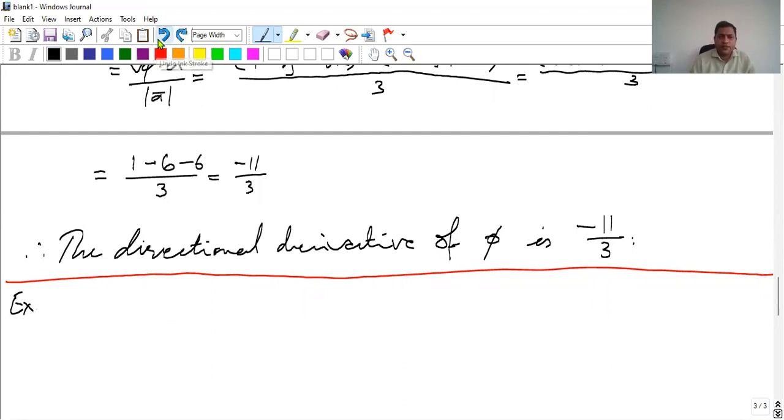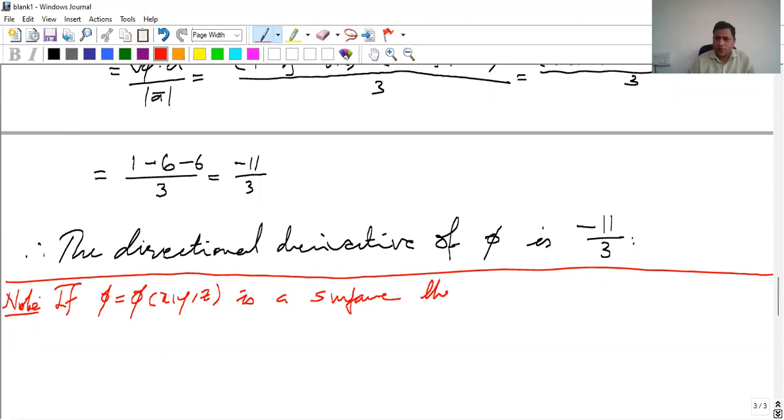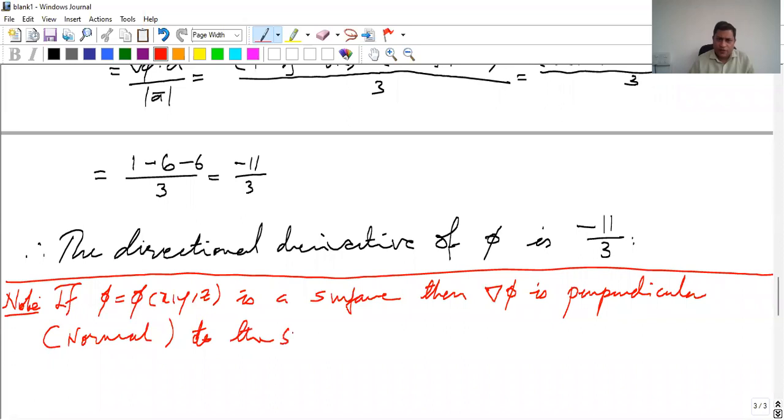Before going to the next example, I want to give you a remark. What we know is, if phi of x, y, z is a scalar surface, then del phi is perpendicular or normal to the surface phi.